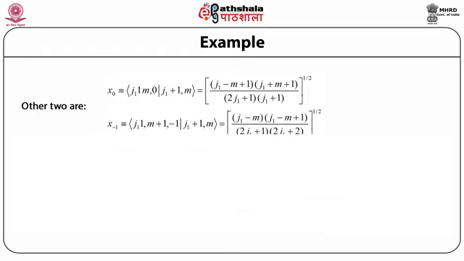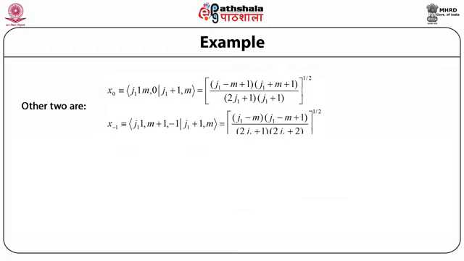And similarly, the third of the Clebsch-Gordon coefficients, that is x minus 1, given by the bra vector j1, 1, m plus 1, minus 1, ket vector j1 plus 1, m, is equal to under the root (j1 minus m) times (j1 minus m plus 1) upon (2j1 plus 1) times (2j1 plus 2).